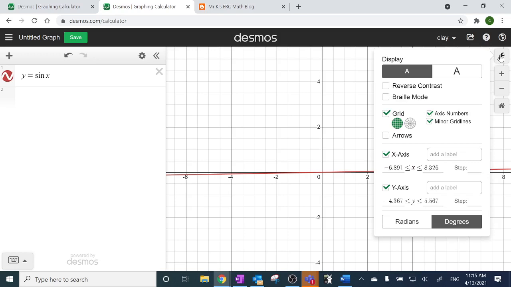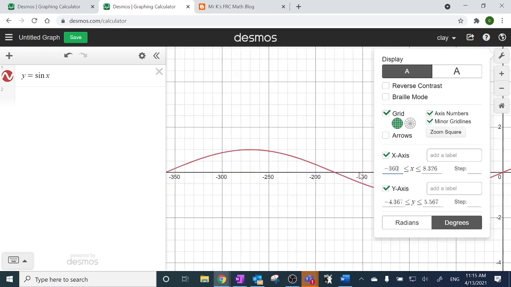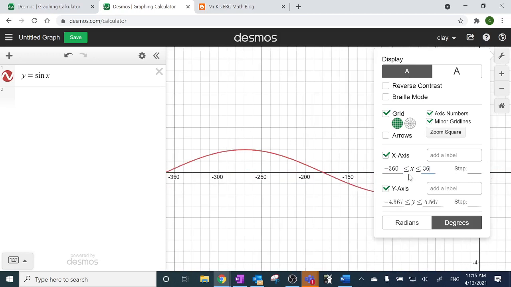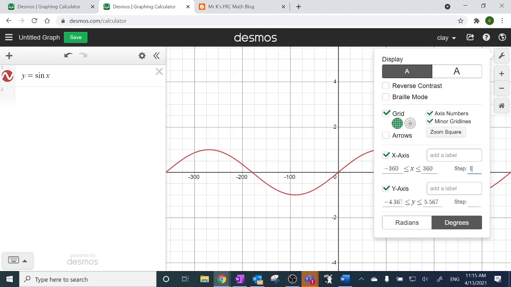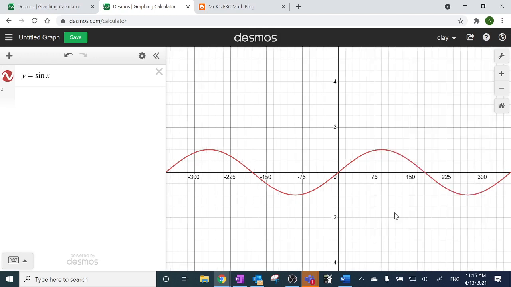But if you change this so that your x-axis goes from negative 360 to positive 360, and you ask it to count in steps of 15 degrees, you get the exact same graph that we had. And of course, you can do whatever you want with the y-axis.